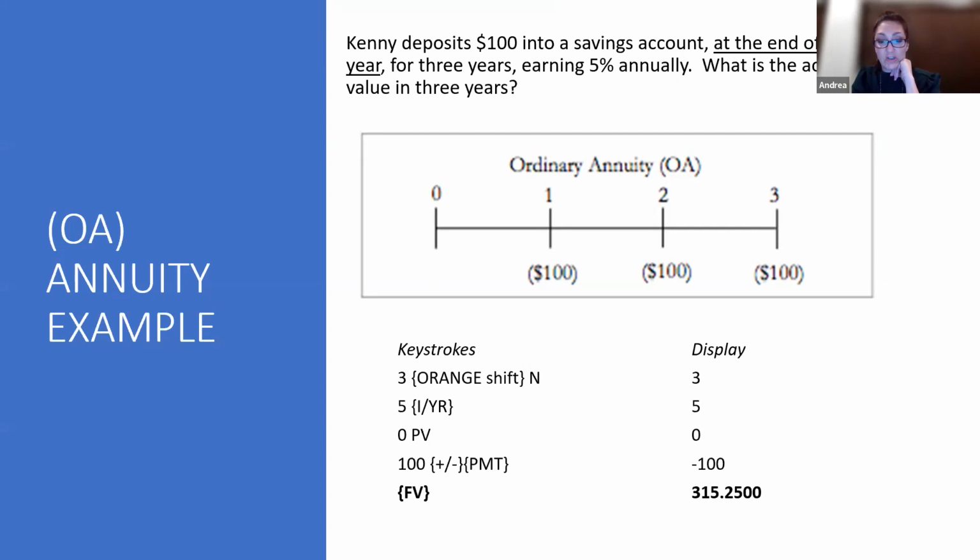So 100 with your plus minus, and then your payment button. Then we're solving for future value because he's making periodic payments out, which is $315. That is an example of an ordinary annuity.